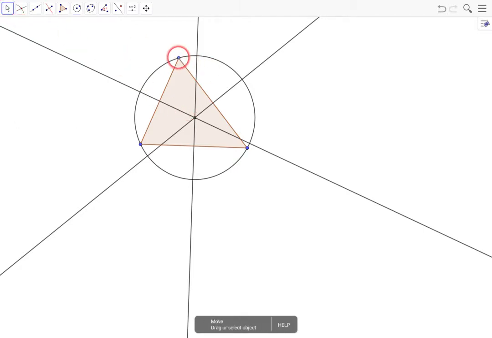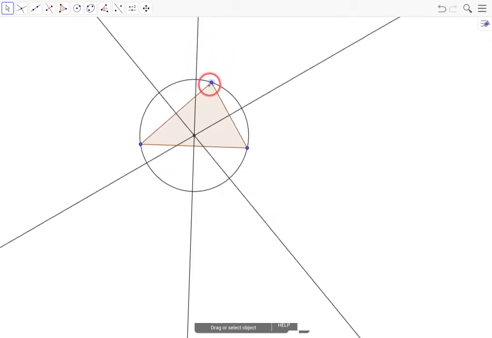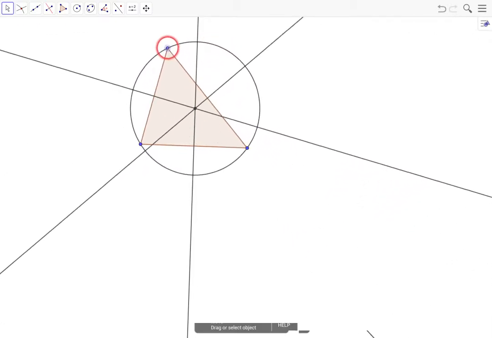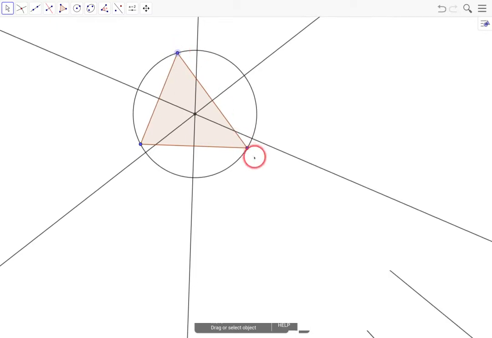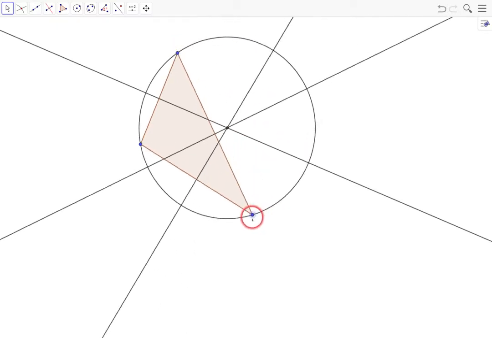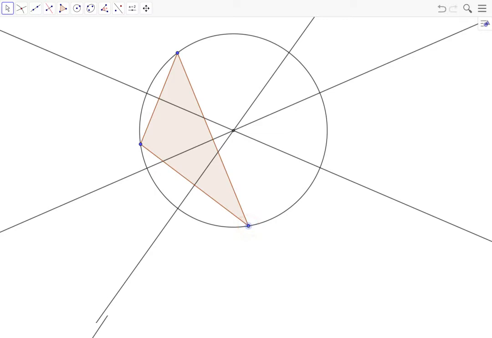And no matter where I move this triangle, that circle stays on all three vertices. So the significance of that is that this circumcenter is the same distance from all three of those points.